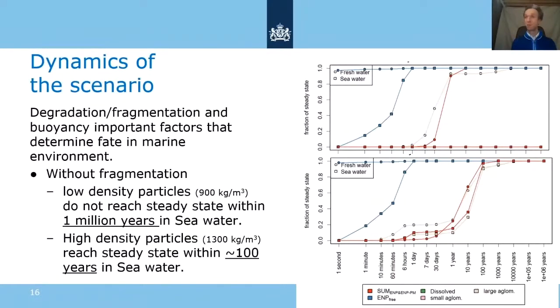Whereas if you have a fragmentation process, these very light buoyant microplastics also degrade, and you can see that within 100 years, almost 100% of the steady state is reached. So this is why it can be important to look at the dynamics of the system, and this is also provided by the model, although it's currently not easy to use.